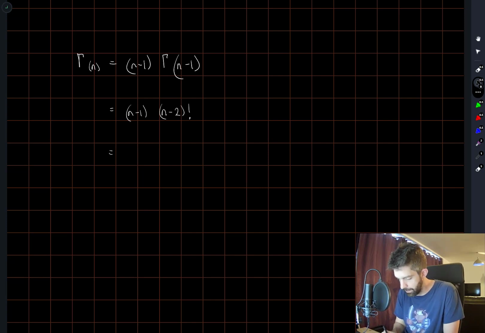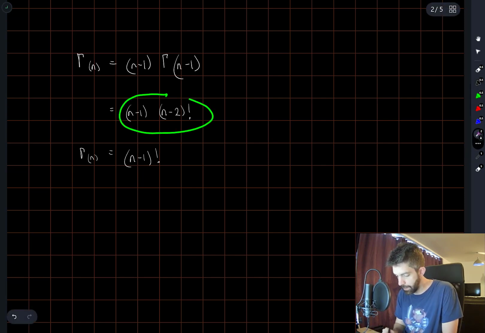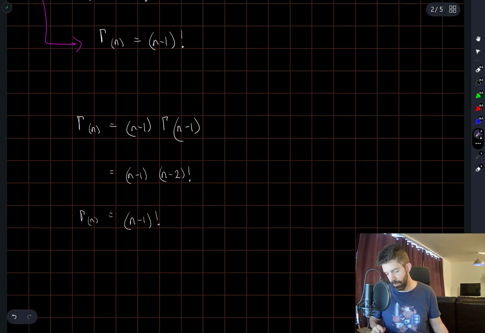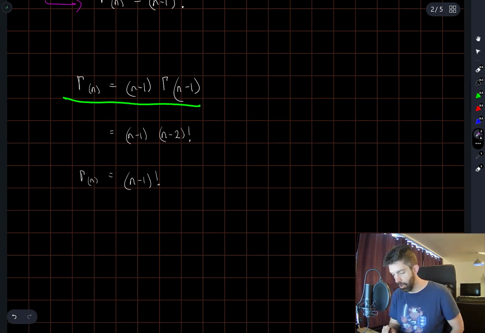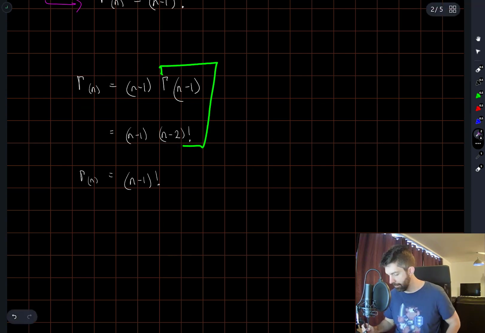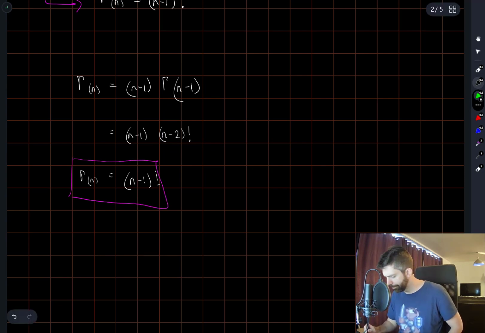And so now, of course, I have that gamma of n is equal to n minus 1 factorial, because this product here, we know that is equal to n minus 1 factorial. We know that we satisfy the base case. We showed that directly, that gamma of 1 is equal to 0 factorial. And so along with this computation that we did and the induction assumption, which is that these two things are equal, we have finally that gamma of n is equal to n minus 1 factorial.